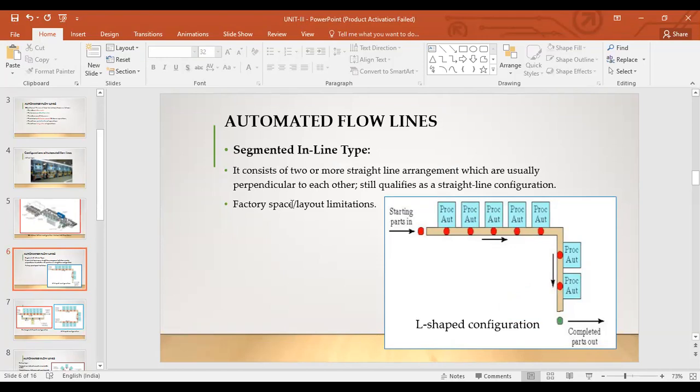So you can have it in an L shape, but that will still be called inline, because there's nothing in between these two. The parts are going one machine to the next, so it still qualifies as a straight line.